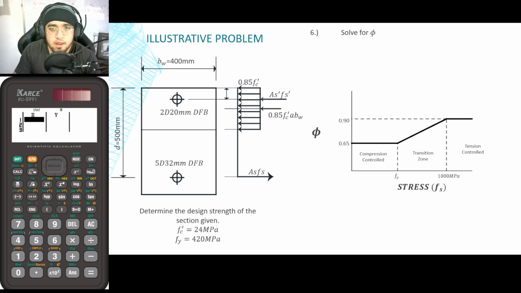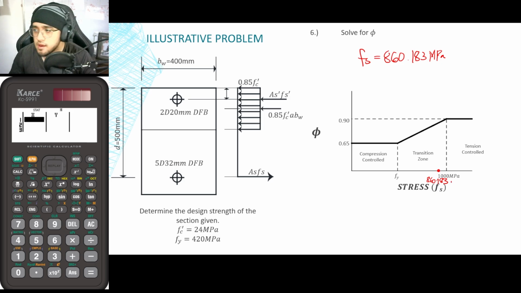Okay, so once again, our basis Fs is equal to 860.183 megapascal. So once again, it is located at this particular portion. Okay, so looking at the calculator, for the values of x, what I know is the values of Fy and 1000.